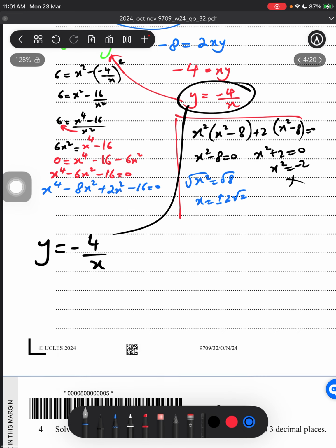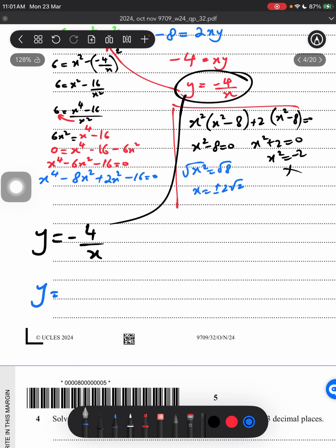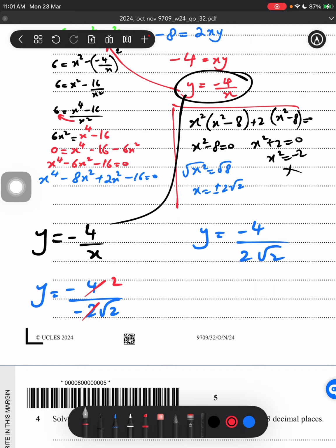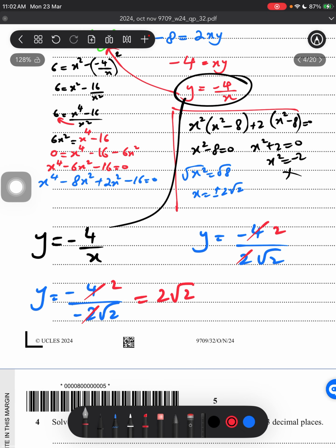So we would say that for the negative value, let's say 2 under root 2, and the other value positive. So you would have two values, minus minus cancels out. So one value would be positive 2 under root 2, and this would give you negative 2 under root 2, but this would be rationalized like this.